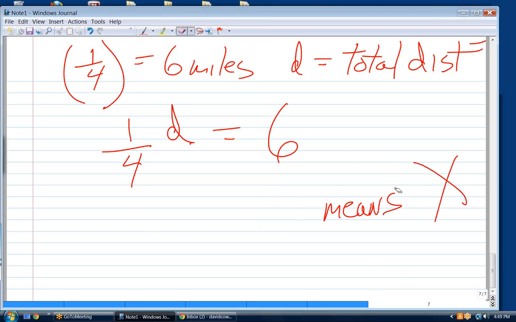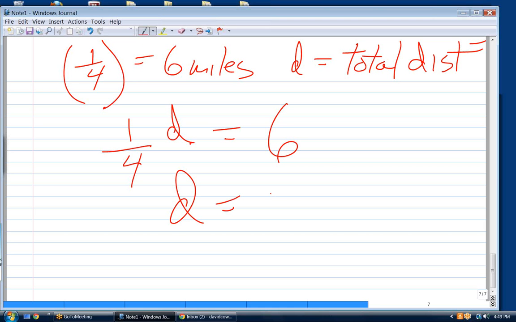When they say you've done 1/4 of the total distance, the equation is going to be 1/4 times D equals 6. So what is D? So D equals 25. 24. Oh, that's what I meant to say, yeah. Okay.